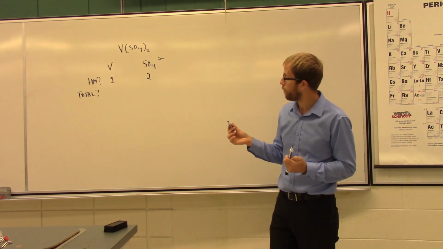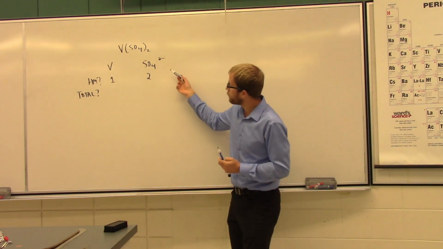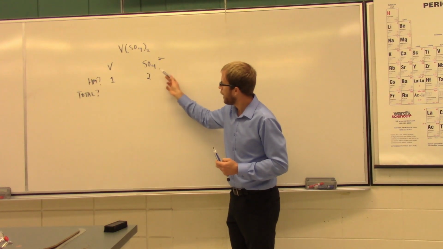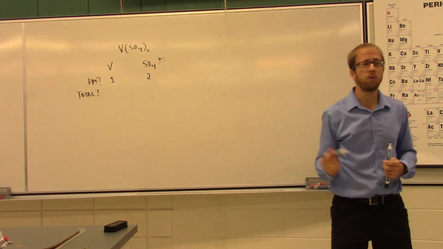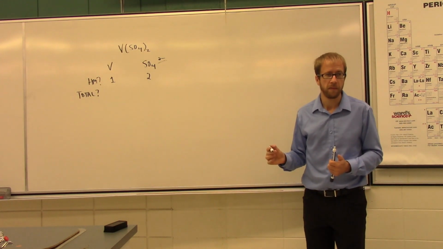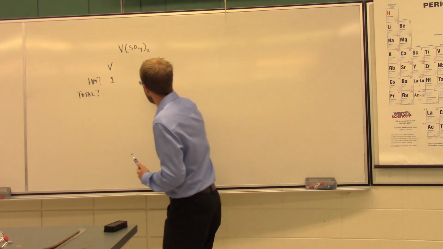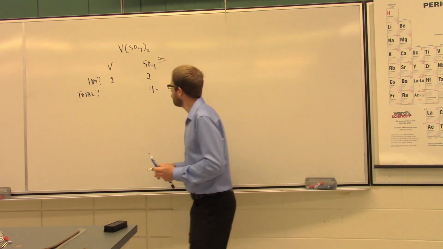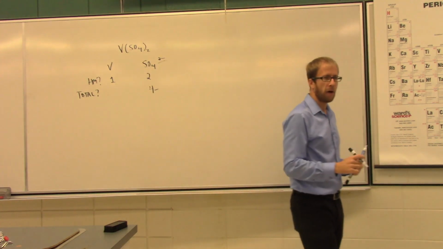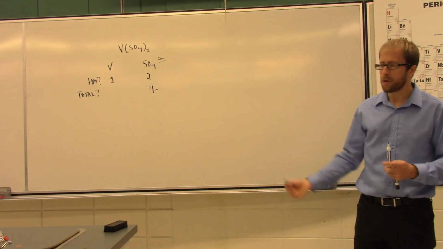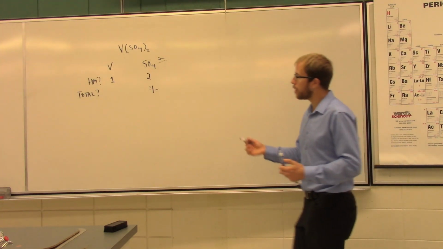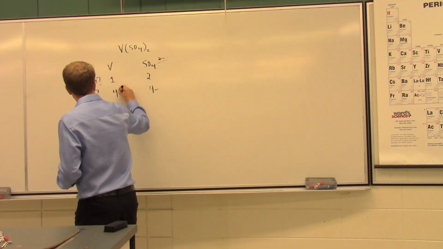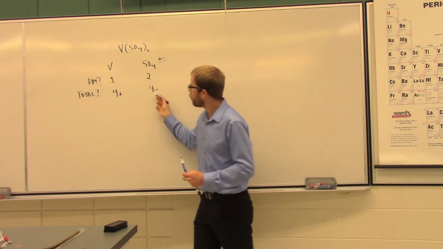It must balance out. So if we have 2 sulfates, and each sulfate wants to gain 2 electrons, in total, how many will be gained? 4. So in total, we have a charge of 4 negative. Now, does the charge on the other end have to be the same? Do we have to have 4 positive? Yes. The charges need to balance out. So it must be 4 positive.